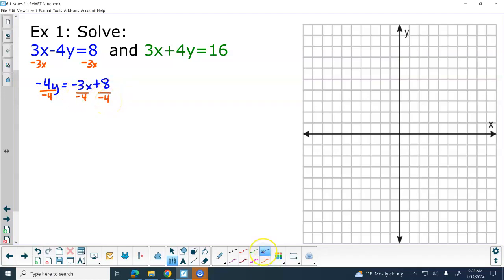That gives me y equals positive 3/4 x minus 2. So my y-intercept is negative 2. From the origin, I'm going to go down 2 and put a dot.